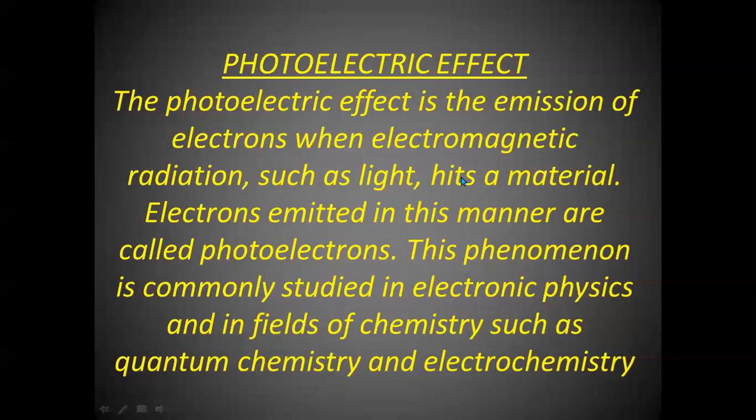This is the surface of the material, mostly a metal like cesium, etc. This is the process called the photoelectric effect. This phenomenon is commonly studied in electronic physics, in quantum chemistry and electrochemistry. So in both physics and chemistry it is useful, therefore we have to understand it clearly.